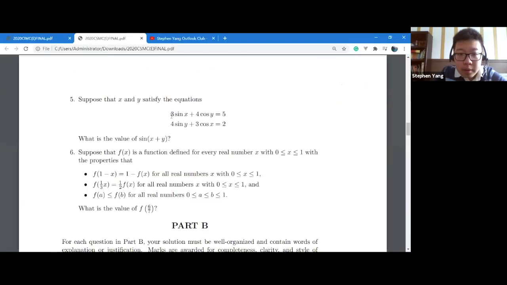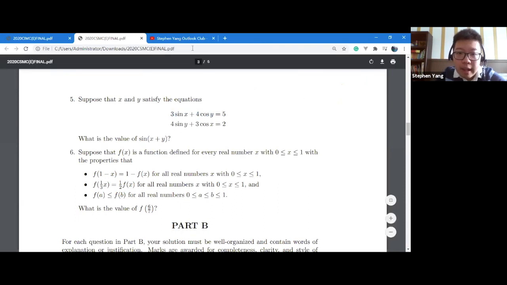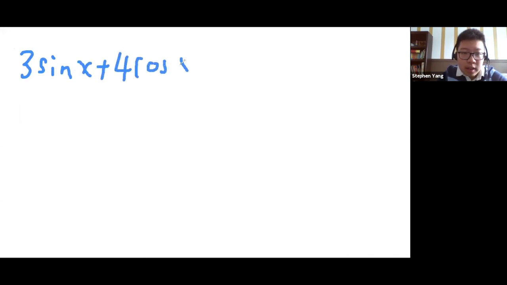So we have 3 times sine x plus 4 times cosine y, sorry, equal to 5.